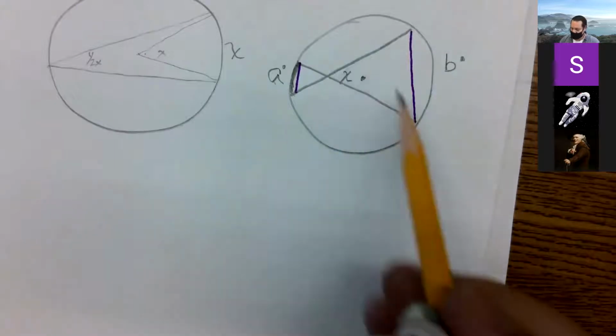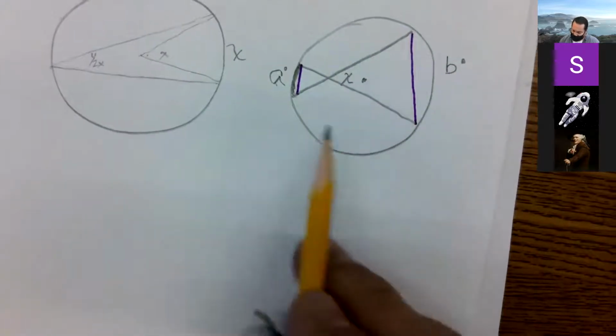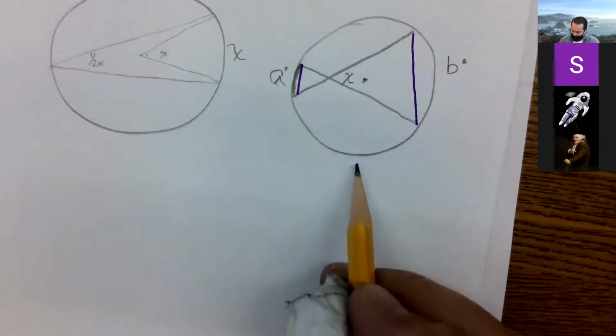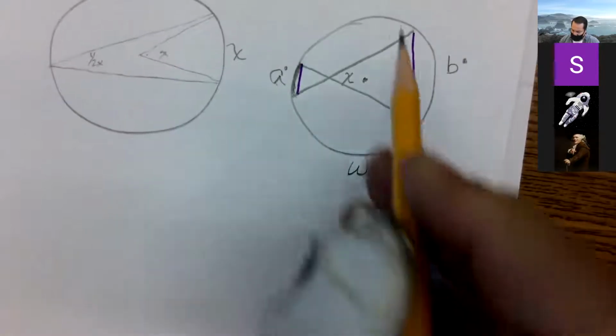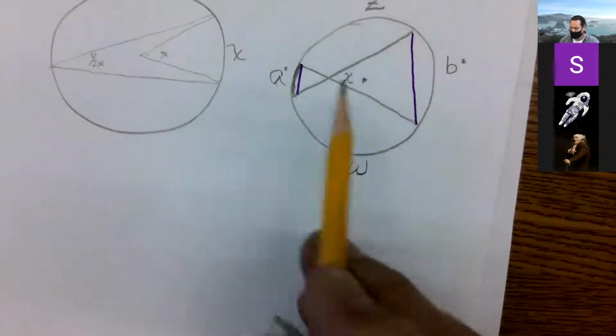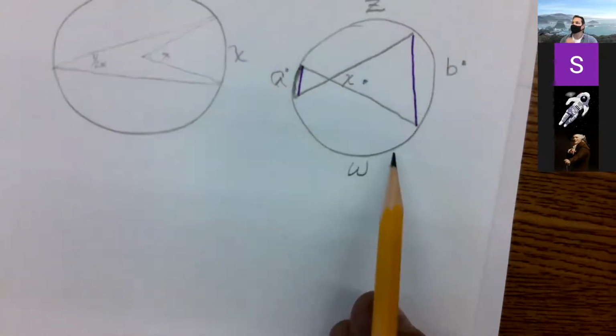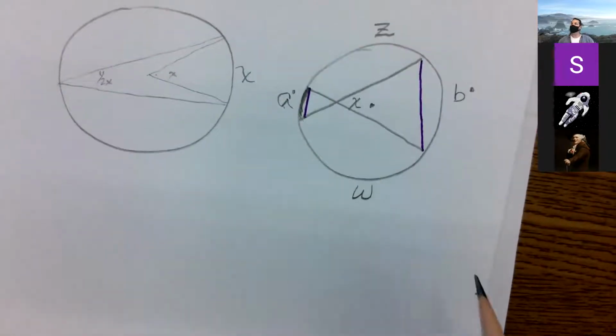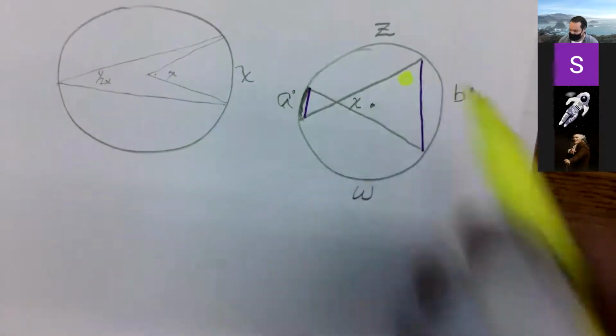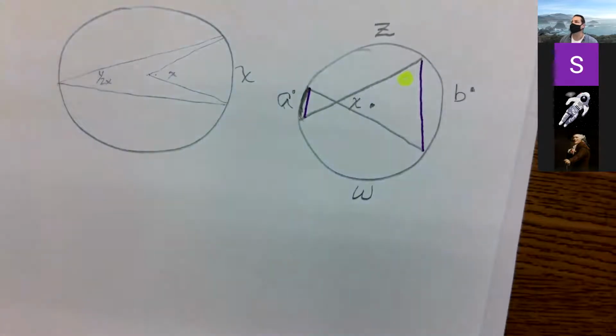I've now produced triangles. And because I need to get these involved, I'm going to put in, say, W and Z as these other two arcs. Again, just using variables so that I'm not biasing this problem to be, oh, it only works if it's a right angle or something. Can you tell me what the measure of this inscribed angle is?